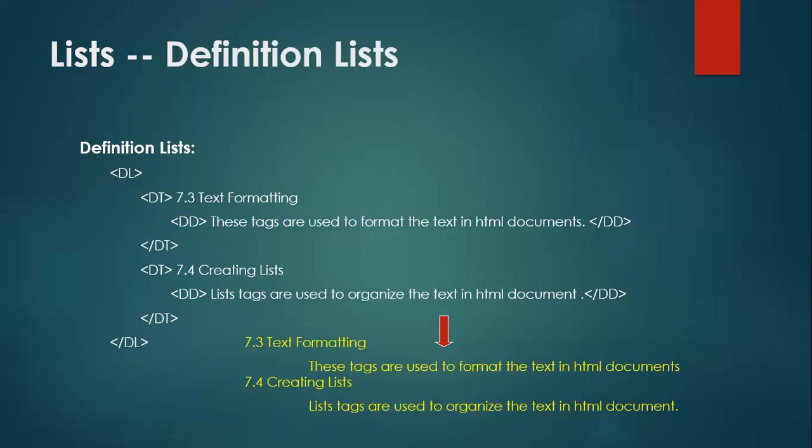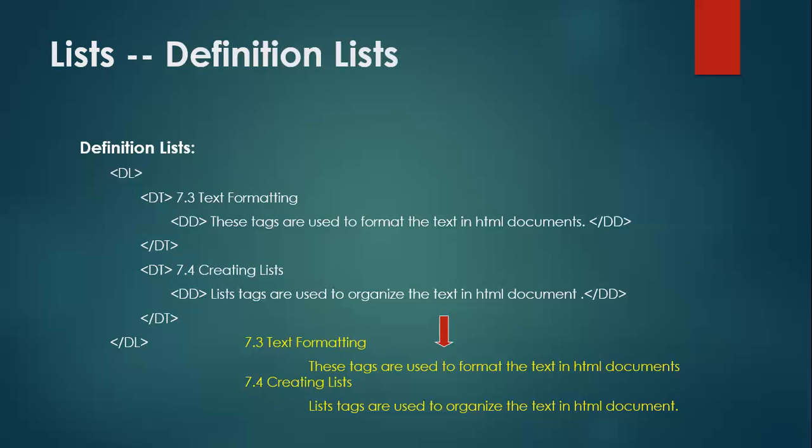Clear? It means in a definition list, we have two nested tags. How many tags? Two nested tags. The first tag is for the data term. Clear? And the second tag is for the data definition, DD.